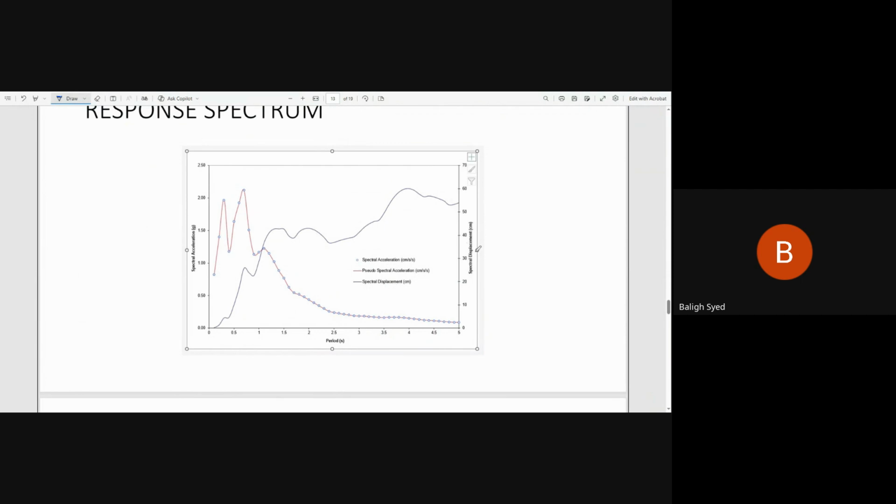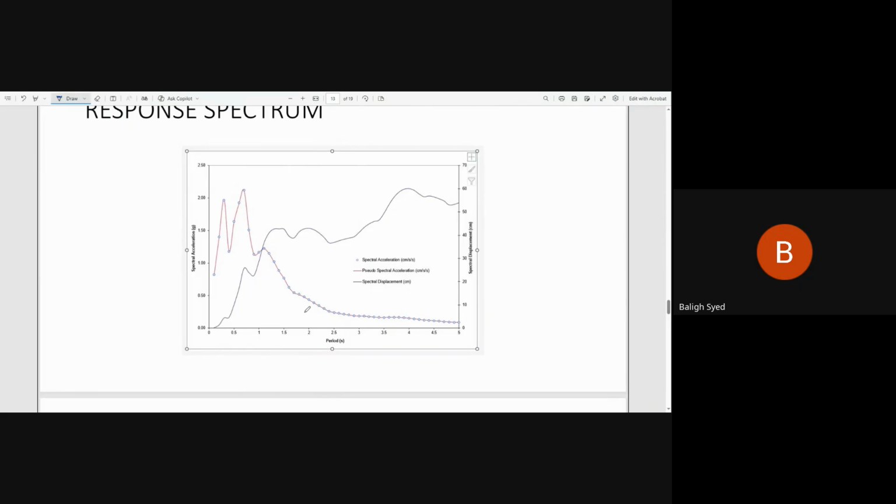Why are we not saying just the displacement? It's spectral displacement, meaning the system stiffness, mass, damping, everything is coming into the picture in the response of the system. And here we have spectral acceleration, which is measured in the same unit as the acceleration due to gravity.